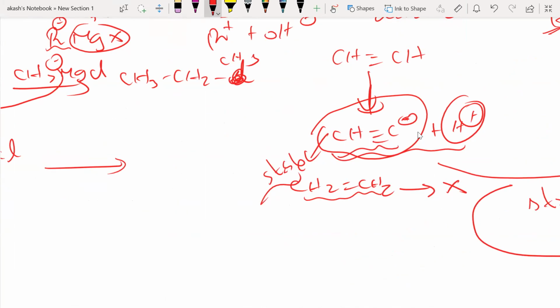Triple bond, sir. So if I have a triple bond, what will happen? Bond strength is higher, sir. Bond strength is higher. No. You have to talk with respect to either inductive effect, resonance effect, or hyperconjugation. If you can remember anything, talk with respect to that.